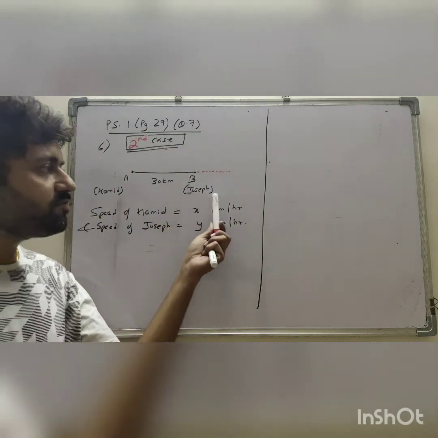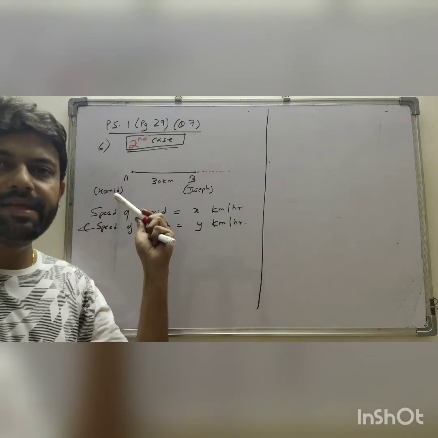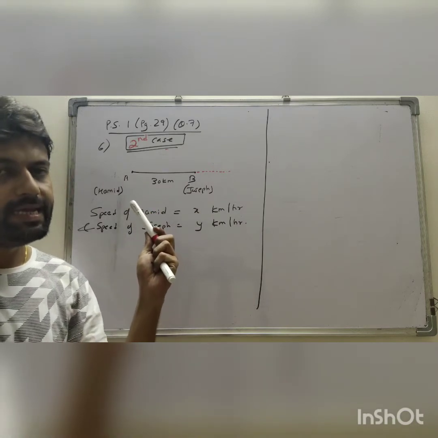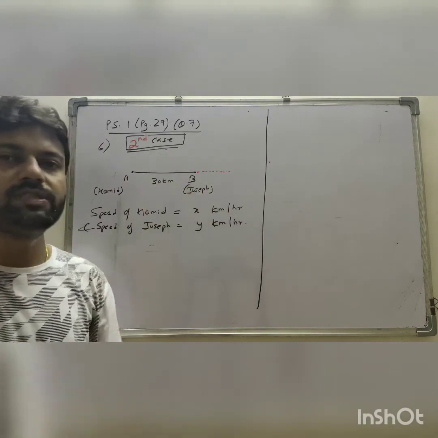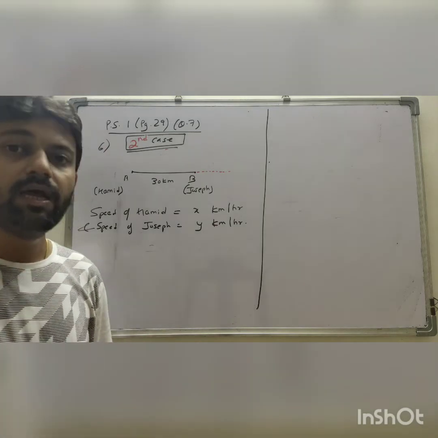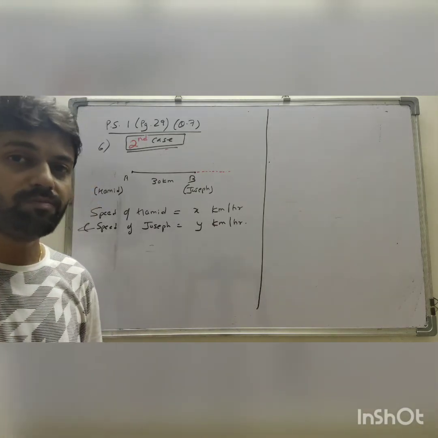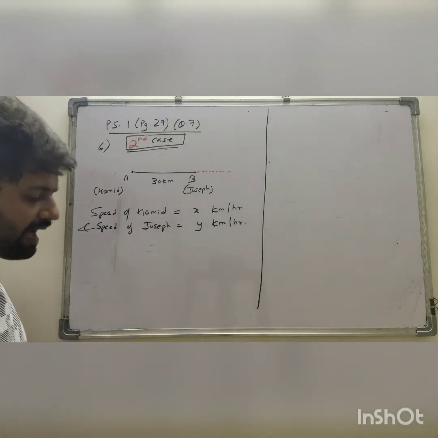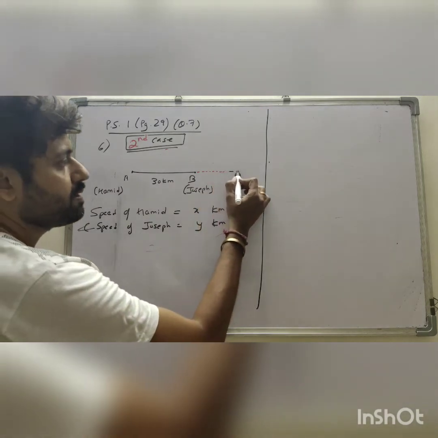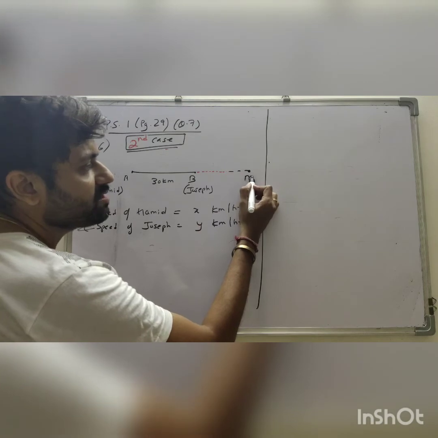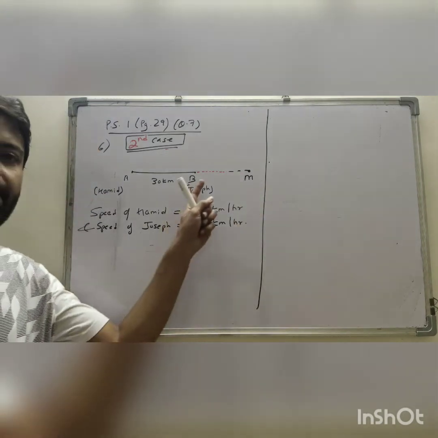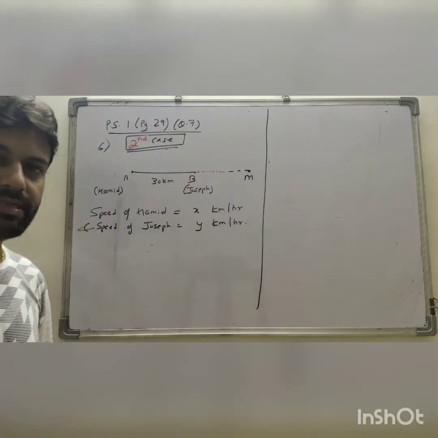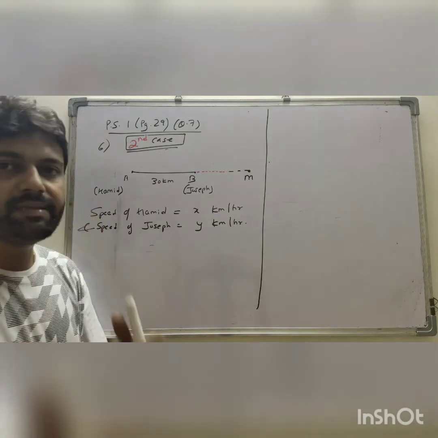But Joseph is not going towards the point A. He is traveling in opposite direction. No worries. Hamid's speed is more. He is very fast, and after some time they meet each other at this point. M means their meeting point.